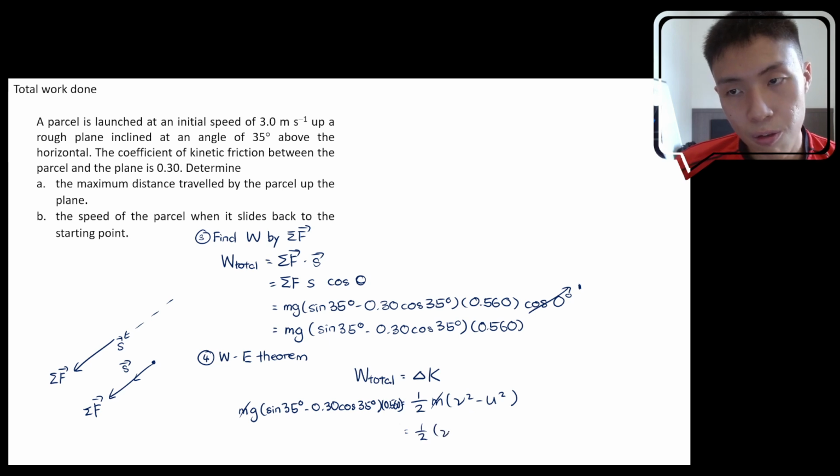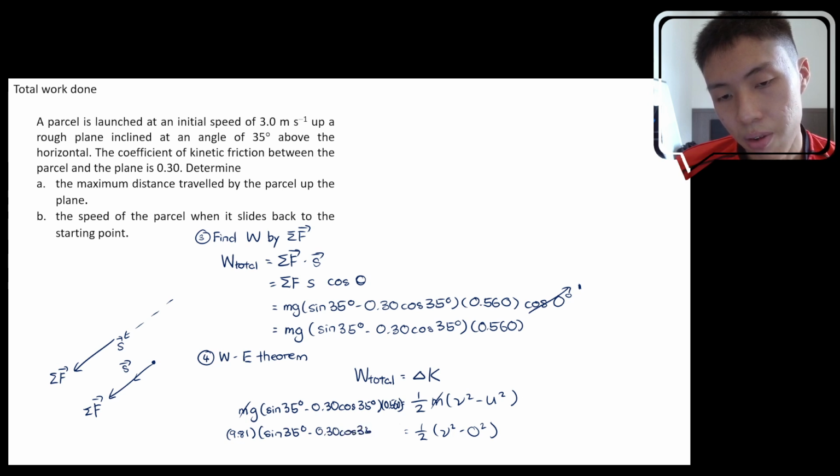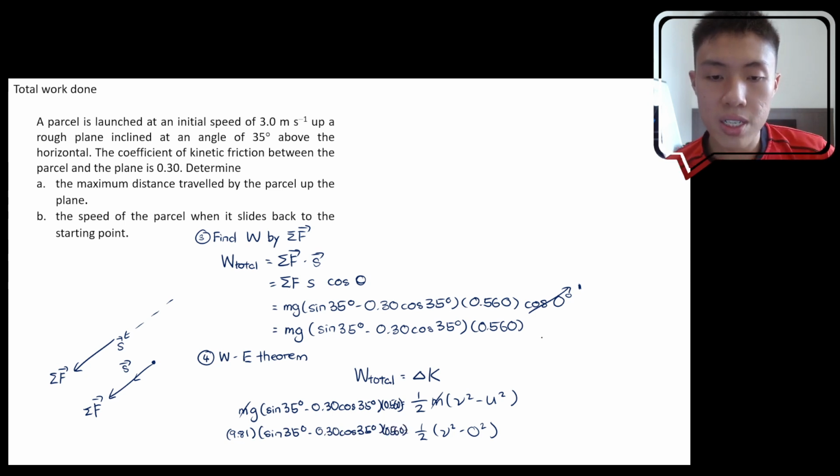We are looking for the final speed when you reach the starting point. We know that initially it is at rest. So 9.81 multiplied by sine 35 minus 0.30 cos 35, times 0.560. All the substitution is done, and you know that initially it was at rest, and sliding down you want the final speed.